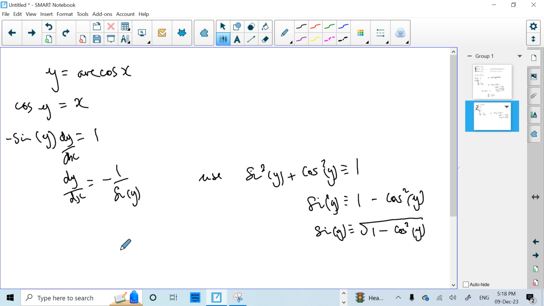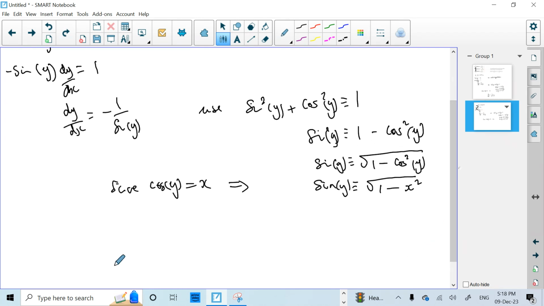Since cos y is equal to x, sine y is the root of 1 minus x squared. Therefore, the differential of arccos x is minus 1 over the root of 1 minus x squared.